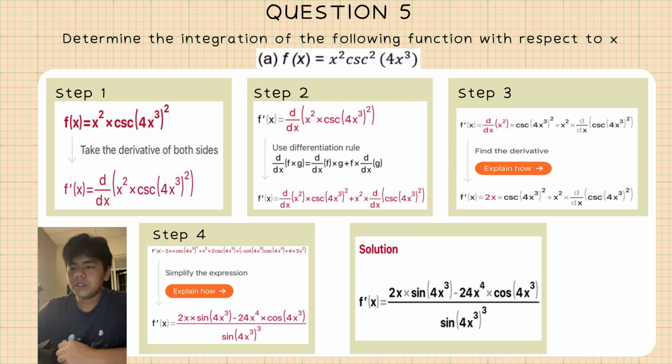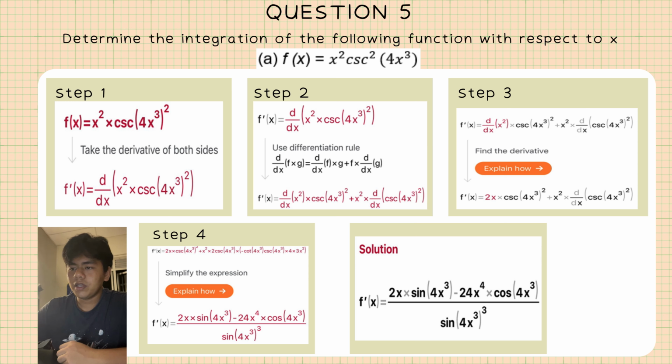Step 2, use differentiation rule. F prime x equals d over dx, open the bracket, x squared, close the bracket, times cosecant, open the bracket, 4x power of 3, close the bracket square, plus x squared times d over dx, open the bracket, cosecant, open the bracket, 4x power of 3, close the bracket square, and close the bracket.